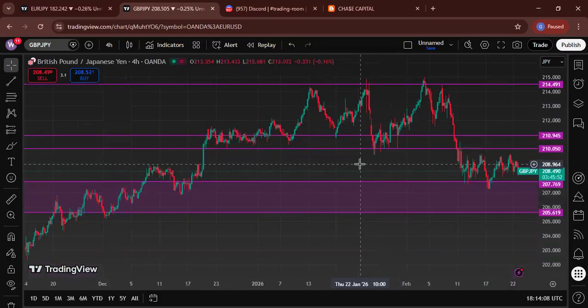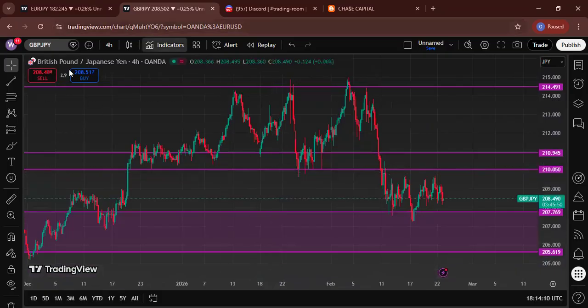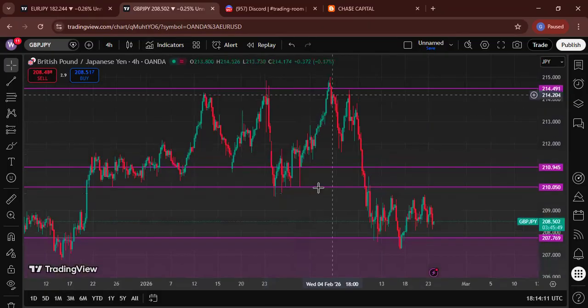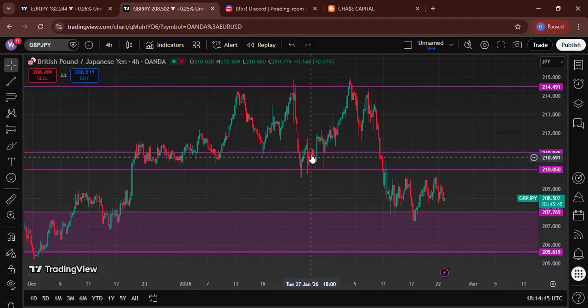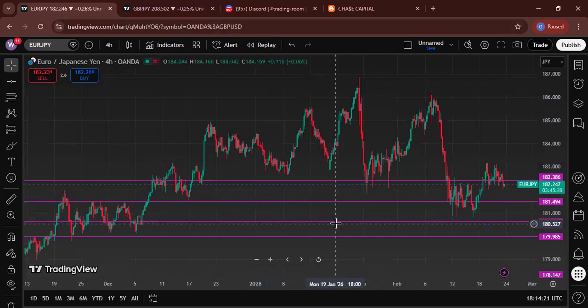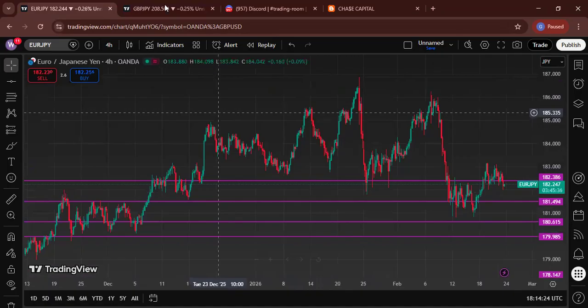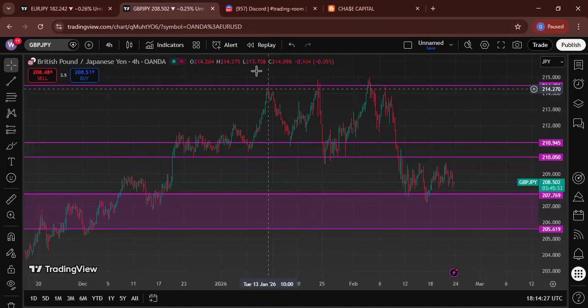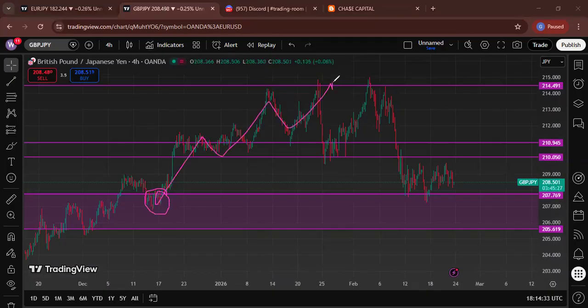There is GBP JPY. So for this one as well, now that price has filled the major range, you can see even the kind of structures. There is a zone above a zone. For Euro JPY, same thing. There is a zone above a zone. CAD JPY, there's also liquidity above a zone. You see the kind of structures they all form. Even for GBP JPY, the major range is still from this demand all the way to these highs and back to this demand.